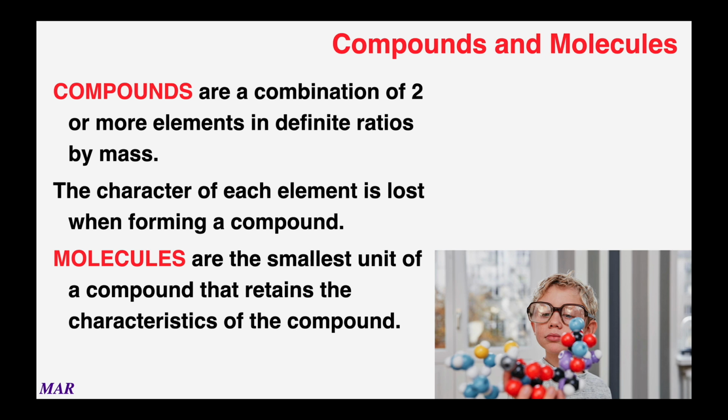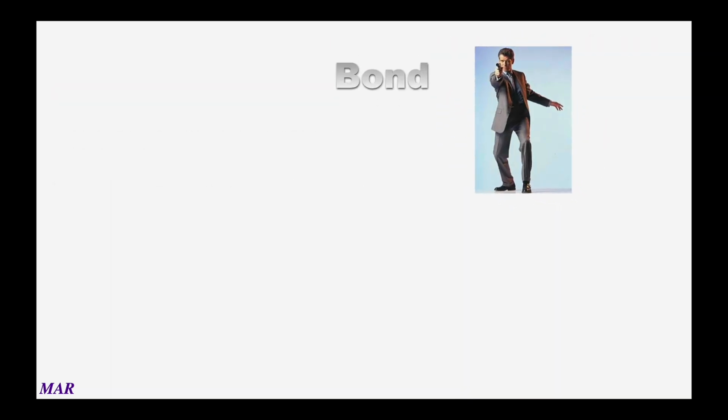Now, as you break a compound down, you finally do get down to the smallest piece of the compound called a molecule. And a molecule, if you break that up, it will no longer have properties of the compound. Remember that the smallest piece of an element is an atom. So if you broke a molecule up, you'd probably be breaking that up into the atoms, and you'd have different properties from there.